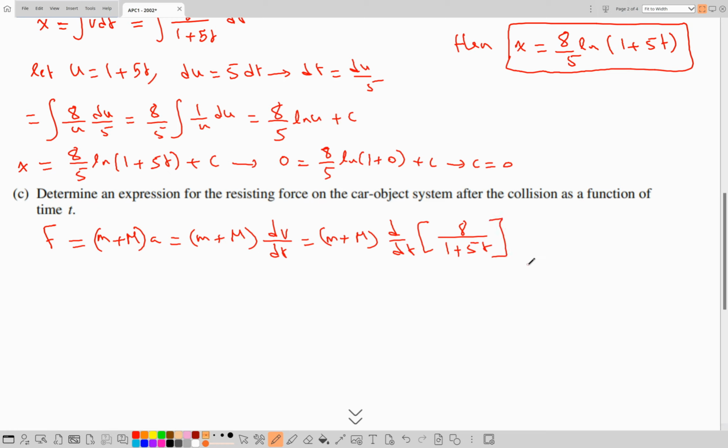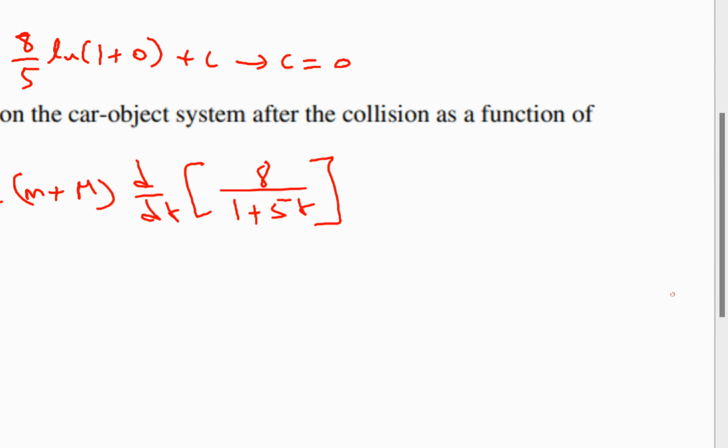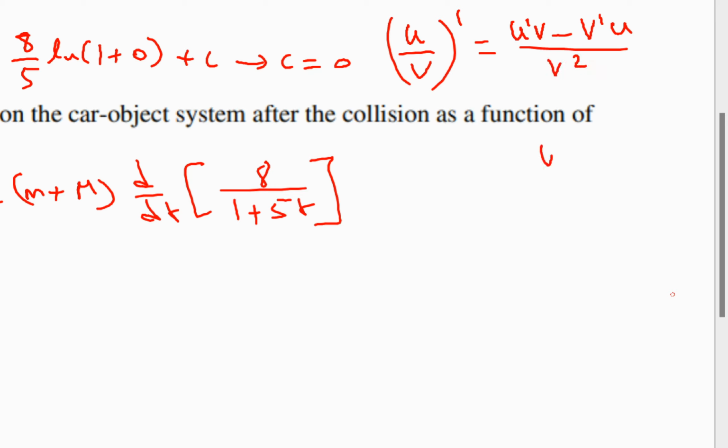Now here, how do we differentiate this function? This can be understood as u over v, and the derivative of u over v is u prime v minus v prime u over v squared, in which u is 8, u prime would be 0, v is 1 plus 5t, and v prime would be 5.